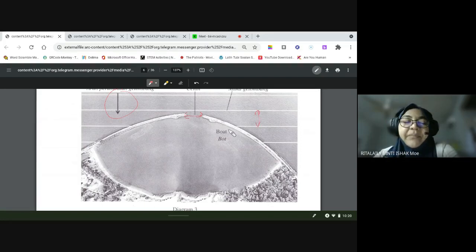Okay, kalau kita tengok size of the gap is smaller than the wavelength. Okay, dari situ kita tahu bahawa kita perlu lukiskan diffraction yang lebih obvious, so dia akan jadi circular wave.